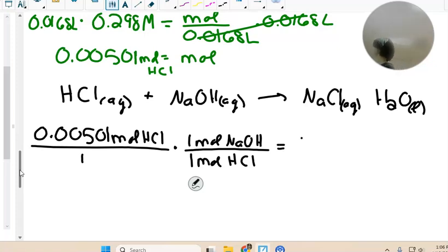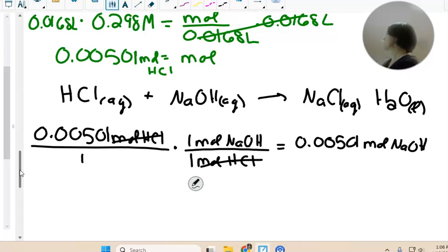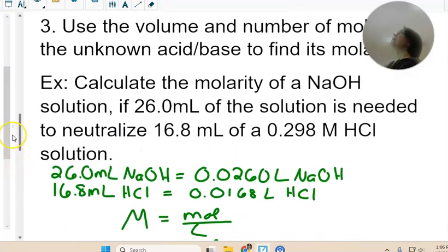So we end up with 0.00501 moles NaOH, because the moles HCl were crossed off, so we're left with moles sodium hydroxide. Wonderful.